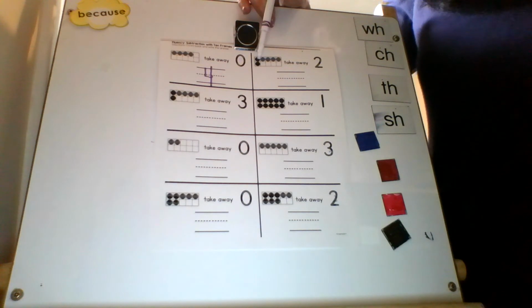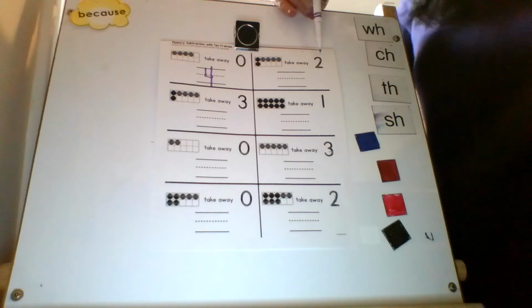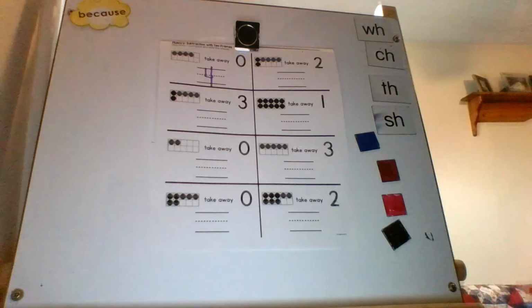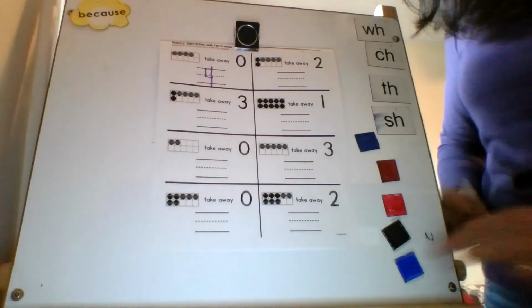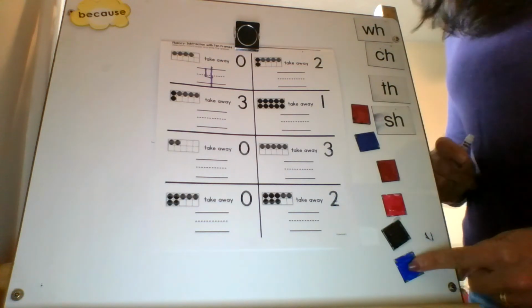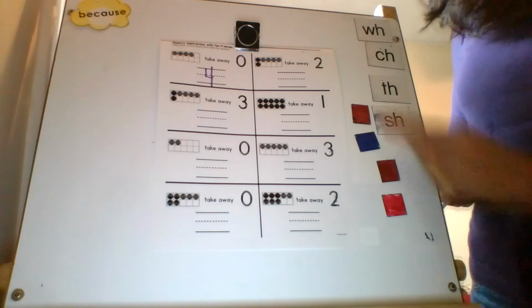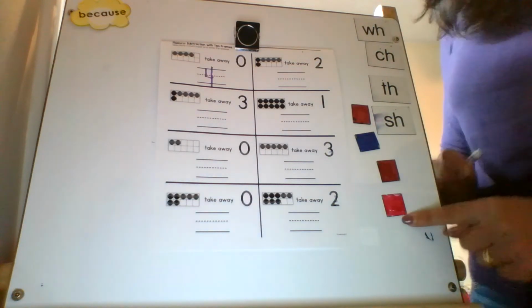So I started with 6, and it wants me to take away 2. So you can do it with your manipulatives. Start with 6. 1, 2, 3, 4, 5, 6. Take away 2. How many do you have? Yeah, you should have 4.